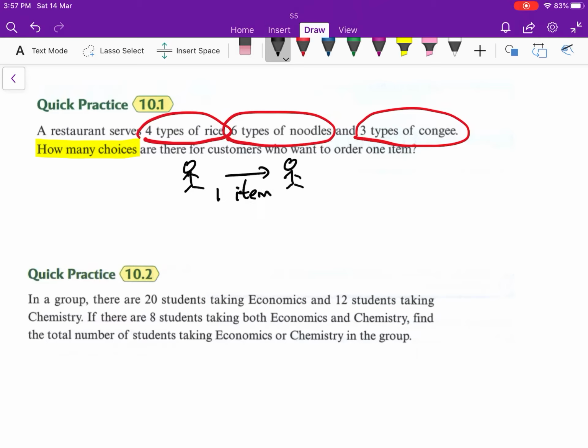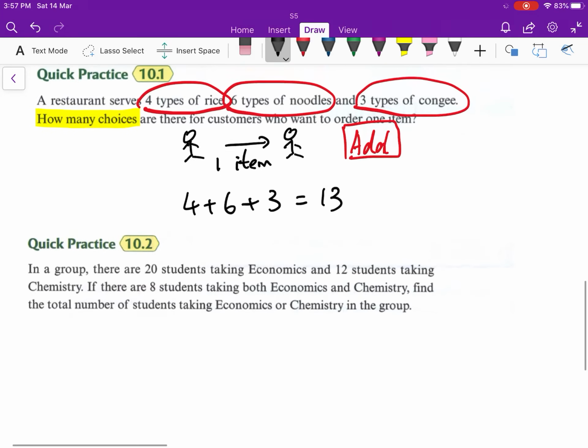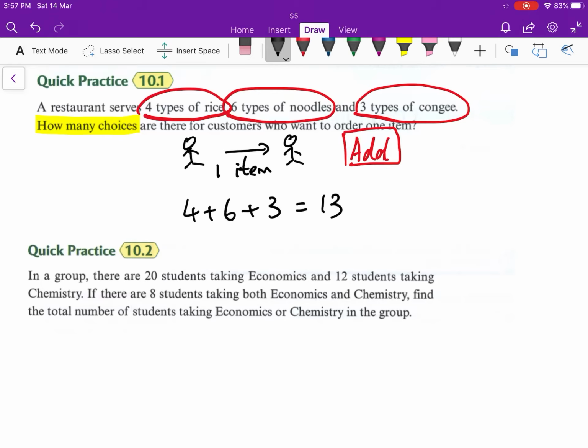When you go in, eat, then go out, you will only order one item. So from the starting point to the ending point, we use the addition rule. It's just adding together: 4 plus 6 plus 3. That's it. So the total will be 13. How many choices? We have 13 choices.